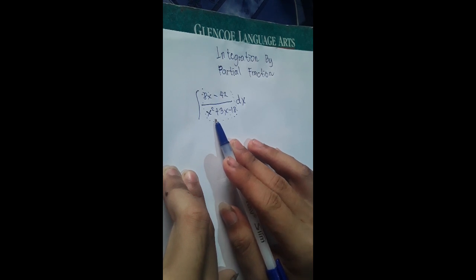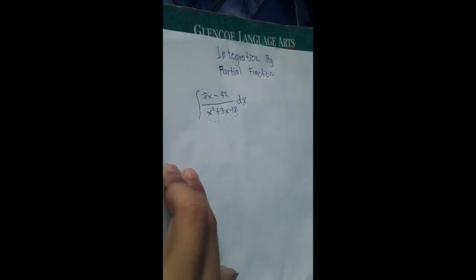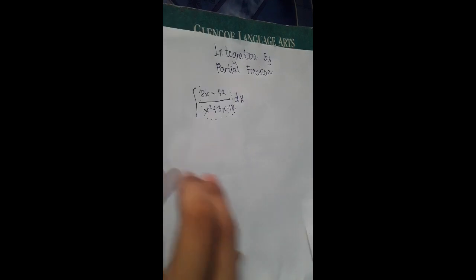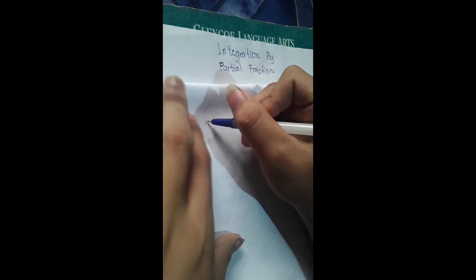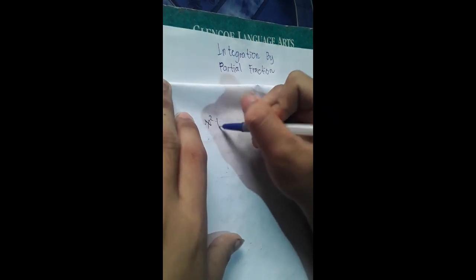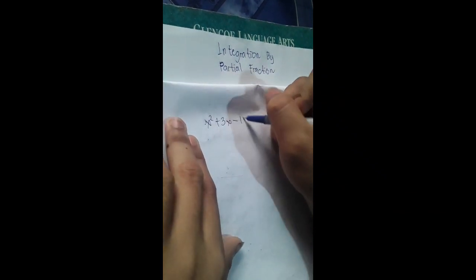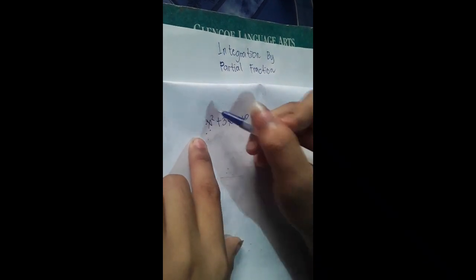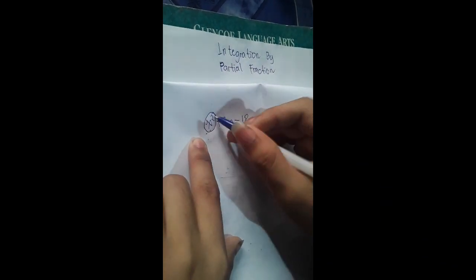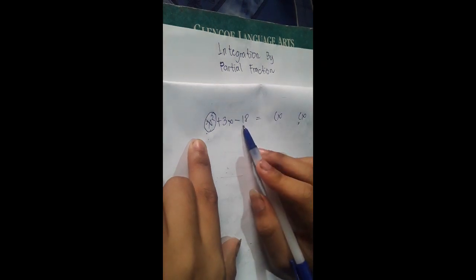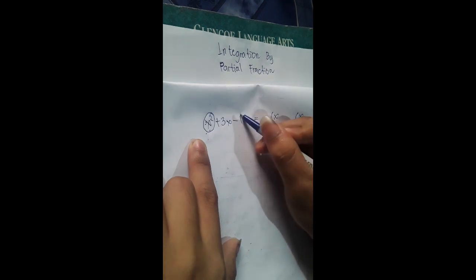So what happens with x squared plus 3x minus 18? In the first term, this is derived from x times x. What numbers, if we multiply, give us negative 18?